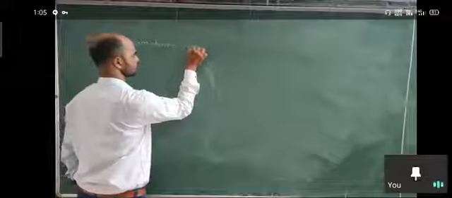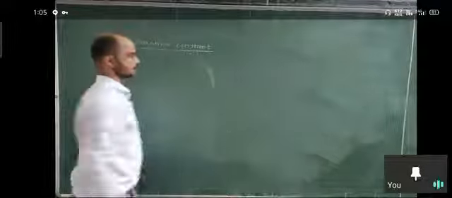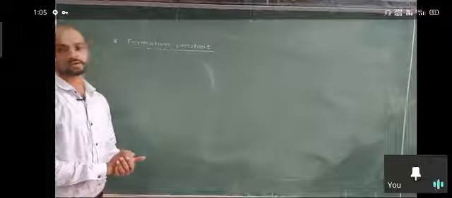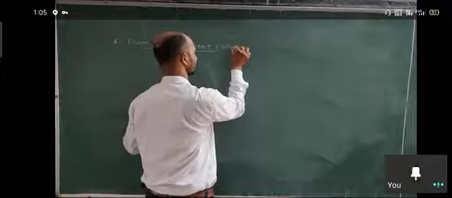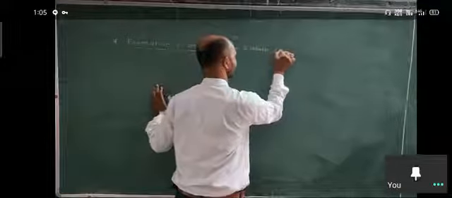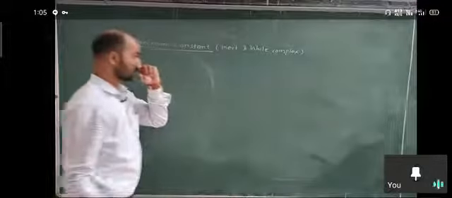Formation constant means how complexes are formed and in which conditions complexes are stable or not, which we will discuss in detail. Basically that will explain inert and labile complexes.